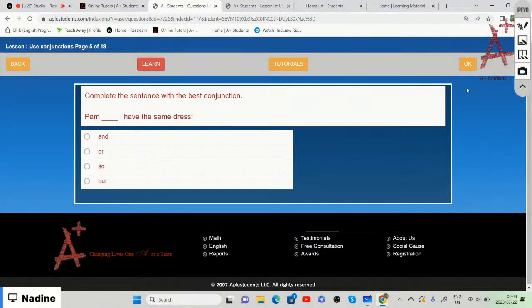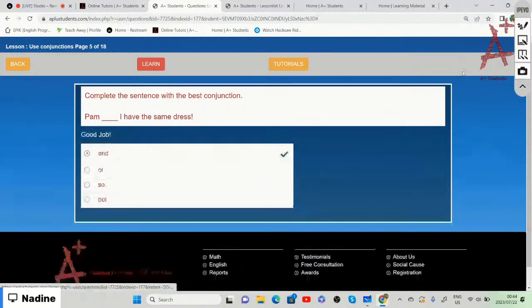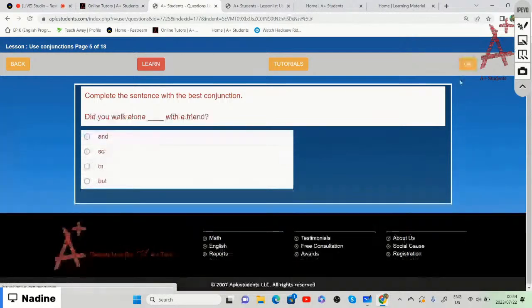All right, so we're going to say Pam and I. So Pam and I have the same, for example, pink, red, black dresses on. Did you walk alone or with a friend? We're going to choose or.